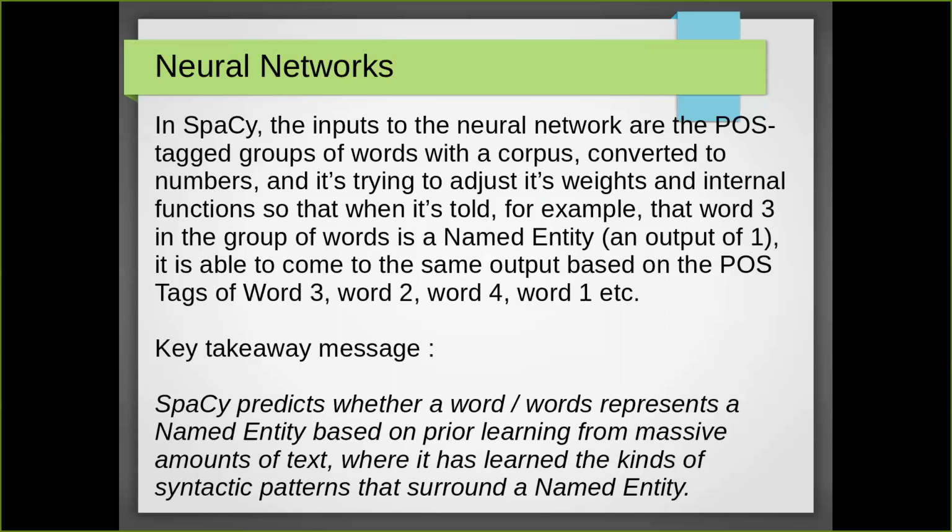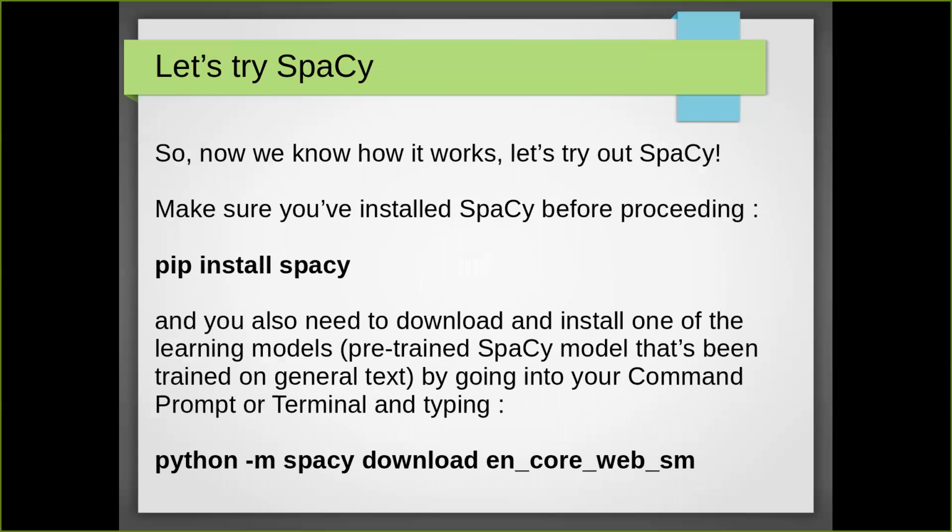And that's basically what it's doing. So we've trained a machine to look for these patterns, which are very hard for us to describe, to work out where these named entities are. And it's very, very good at being able to do this. So let's see how it works.